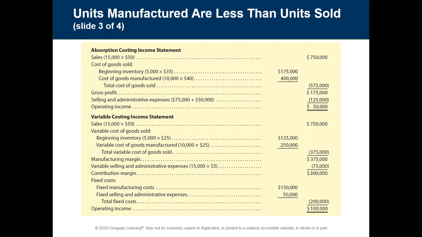Okay, because in variable costing cost of goods sold, we don't have any of those fixed overhead costs included in the cost of goods sold. Instead, they're listed as a line item. So with variable costing, we're always taking the fixed overhead costs as a period expense, meaning we're just going to take the full amount as an expense every period. Right.